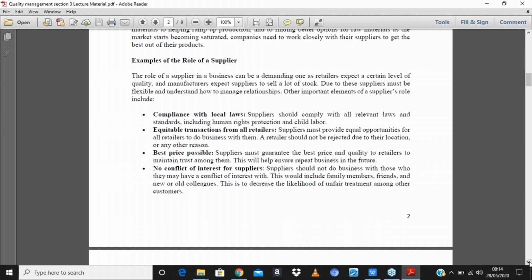There must be equitable transactions for all retailers. Suppliers must provide opportunities for everyone that requires it. If you're doing business, you will not want to supply one at the expense of another, or meet the need of one and not the other. As a supplier, you also know that pricing is very important.